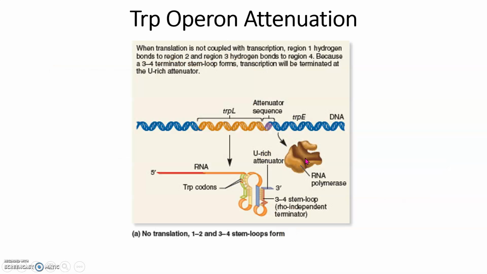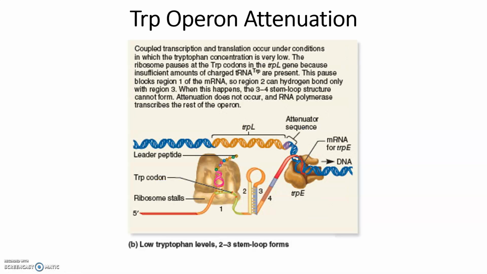When translation is not coupled with transcription, we are trying to transcribe this, but we're not worried about translating it. We transcribe it, and what happens is 1 binds to 2, 3 binds to 4, the U-rich region is there, and it's terminated. 3 and 4 equals termination.